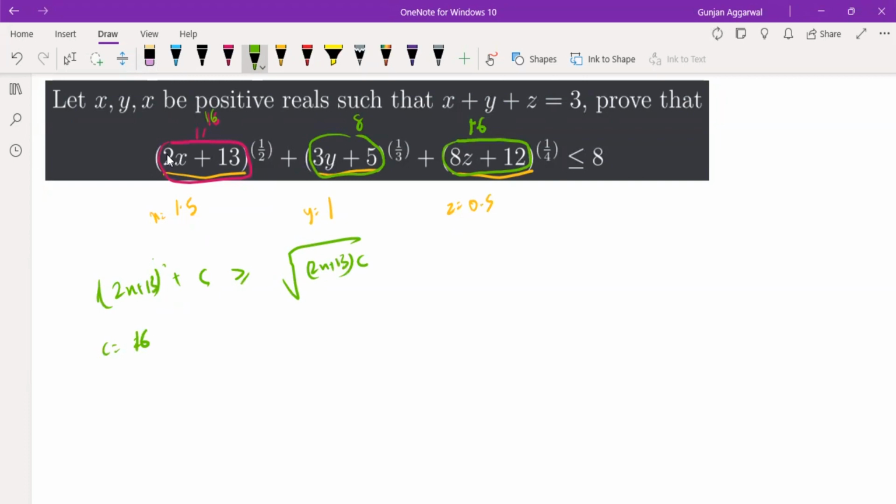And you want c to be 16 because of the equality case. So you get 2x plus 29 greater than or equal to 4 root 2x plus 13.